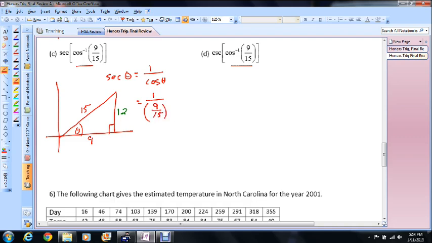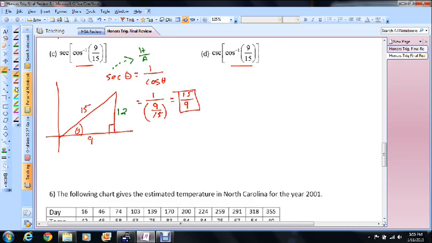We already know the cosine value, that's adjacent over the hypotenuse. Or if we simplify this fraction, we get 15 over 9. Okay, so again, the secant, that means hypotenuse over adjacent side. Okay, great.